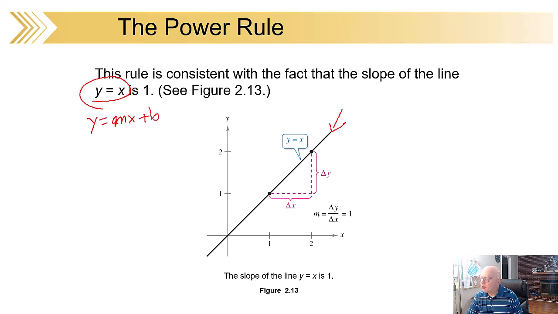And the coefficient of x is a 1, so that's the slope. And the y-intercept, by the way, will be a 0. And you can see where it intercepts the y-axis at 0. And you can see for every x that increased by 1, the y increased by 1. 1, 1, 1, 1, and so on.